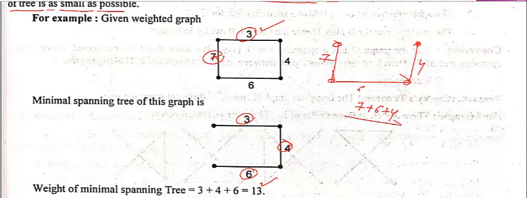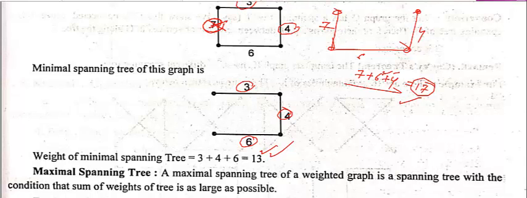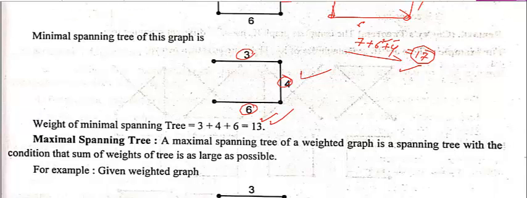If in place of this I delete this one, you will get this: 7, 6 and 4, so 7 plus 6 plus 4 is 17. So 13 is less than that. This is the largest one, so you remove it. That's why this particular tree is the minimal spanning tree.